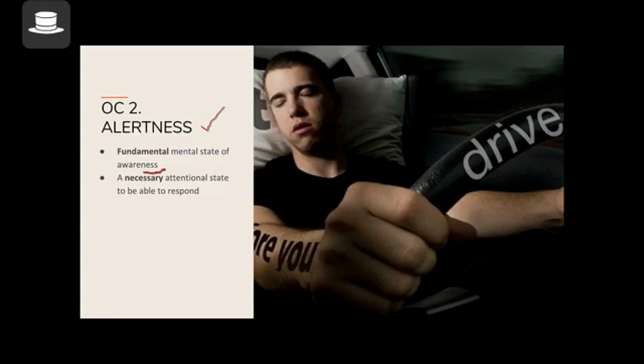In other words, it is a necessary attentional state to be able to respond to the changes in the environment. Now, you can think about, if you're not aware, right, then you cannot consciously attend to information. So conscious processing or other attentional processing does not happen without this basic fundamental state. So alertness or arousal is the fundamental mind state, a state that keeps you aware of yourself and the surroundings around you.